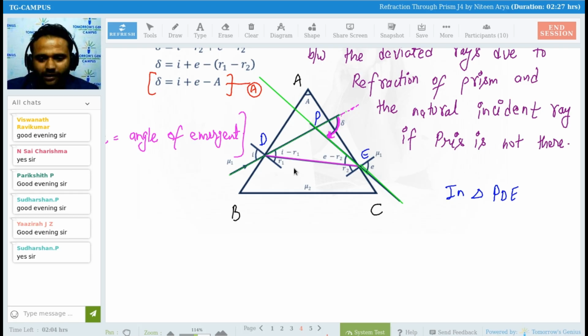So this external angle, which is the angle of deviation, is equal to the sum of two opposites. Now what are the two opposites? This i minus r1 and e minus r2. Is this clear, everyone? Clear? Good. So that is i minus r1 plus e minus r2.